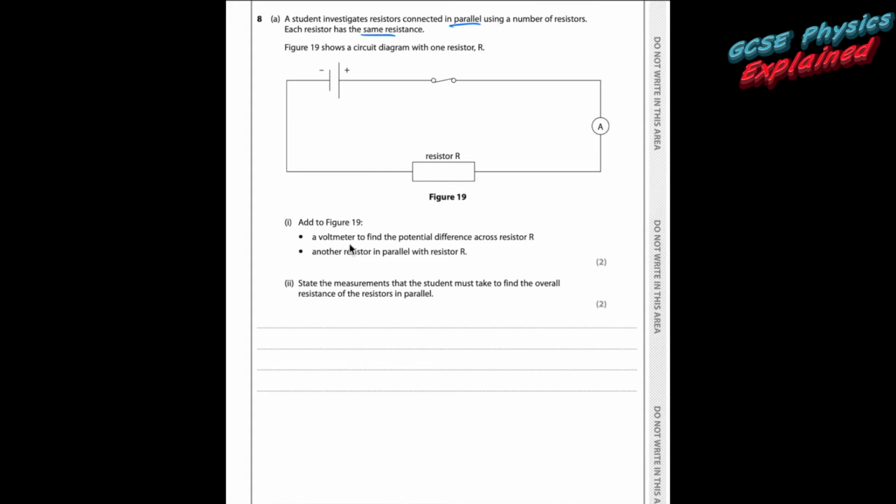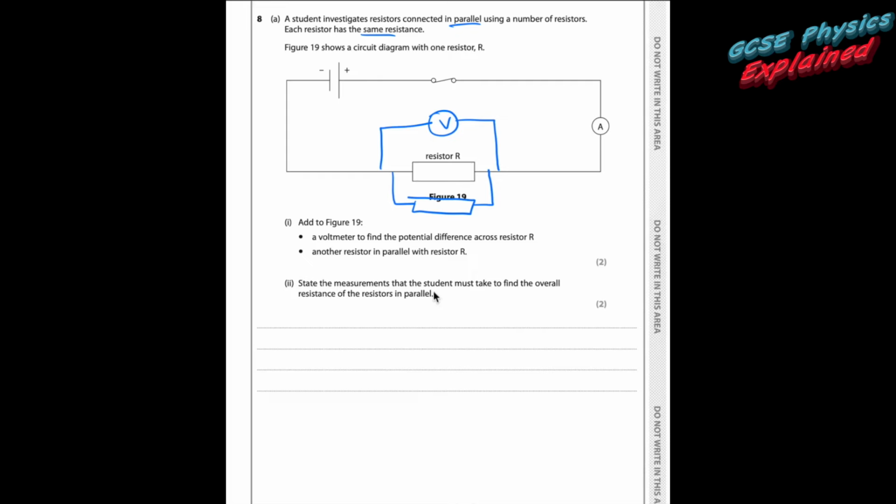Add to figure 19 a voltmeter to find the potential difference across resistor R and another resistor in parallel with resistor R. Right, so a voltmeter across resistor R and another resistor in parallel with resistor R. There you go.